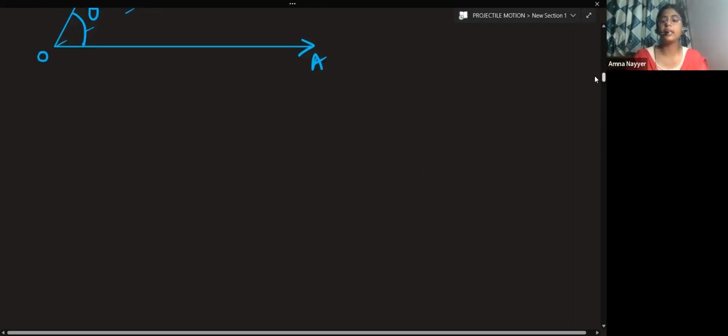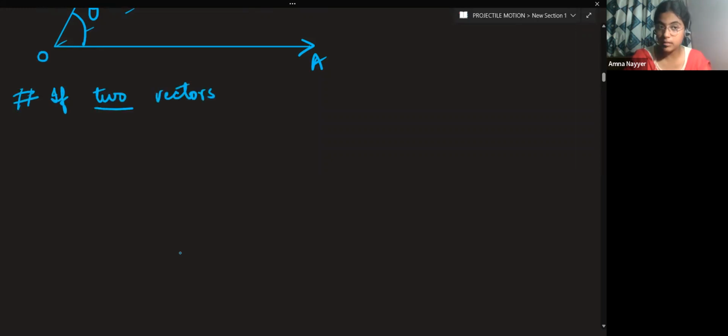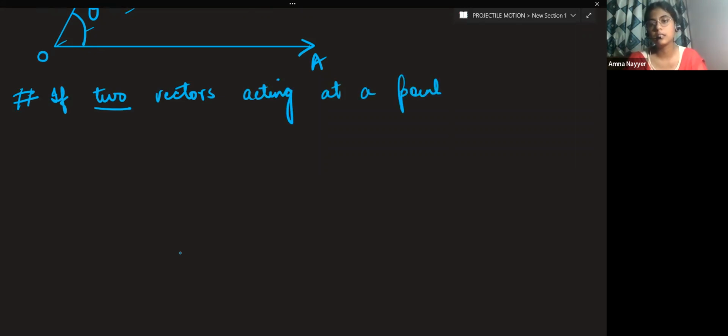So what is there? If two vectors acting at a point, firstly, because this is the condition, if two vectors acting at a point, it means what? These are co-initial vectors, right?